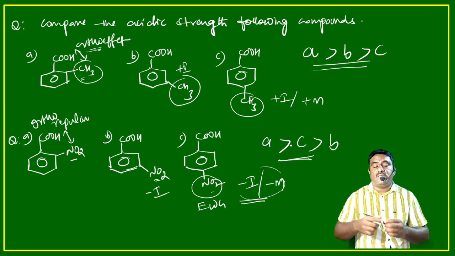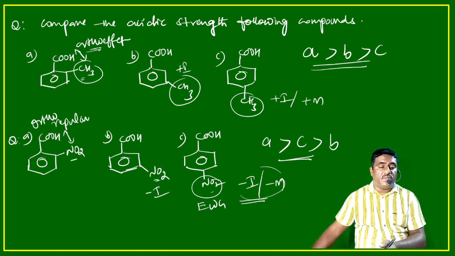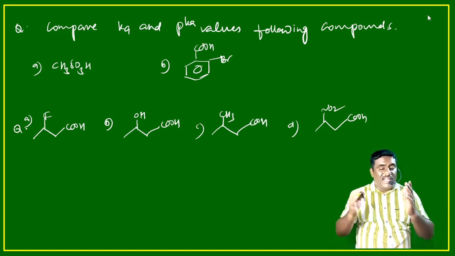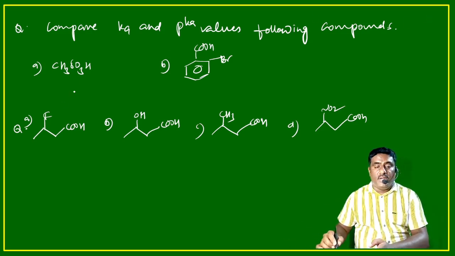Have a look at the next one. Look at this example: compare the Ka and pKa. It is CH3SO3H, sulfonic acid, and benzoic acid.